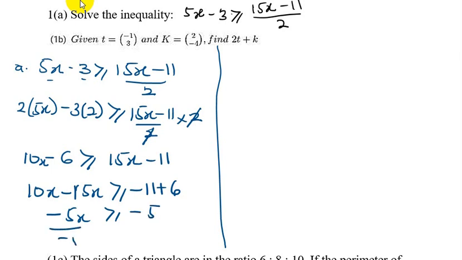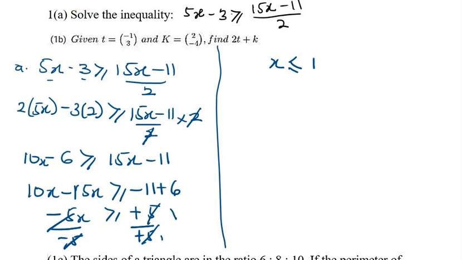So divide here by minus 5 and here by minus 5. The minus 5 and minus 5 take care of themselves, and we get x less than or equal to 5 over 5, which is 1. We are getting 1 for the answer.